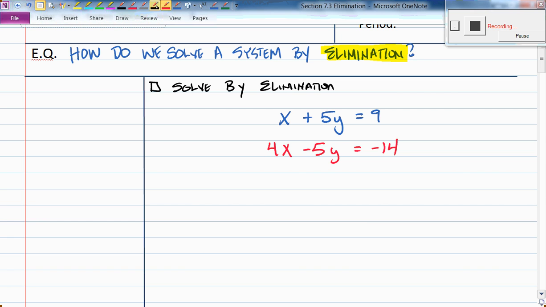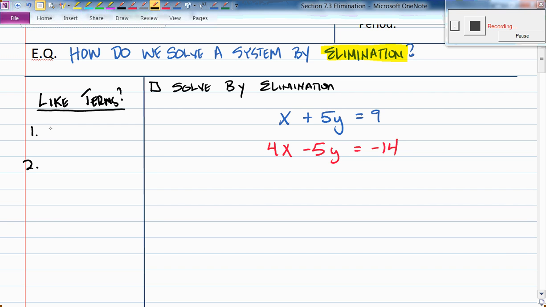I want to ask you a few questions about this. Before we can go on, I have to remind you, what does it mean for something to be like terms? They have the same variable and exponent. He is on track here. There's two things that have to happen in order for terms to be considered like terms.